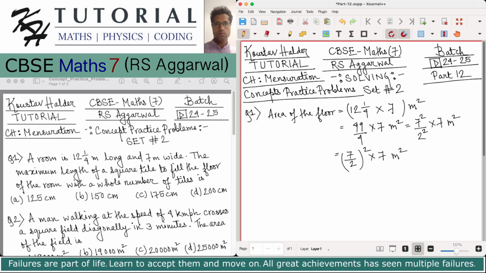So basically, whatever this area is, somehow we have to express this area in the form.